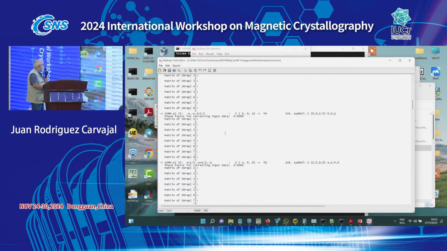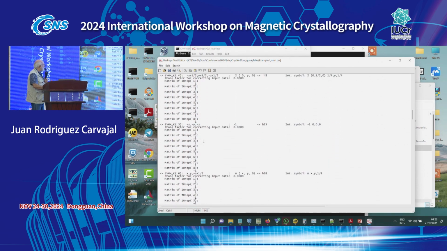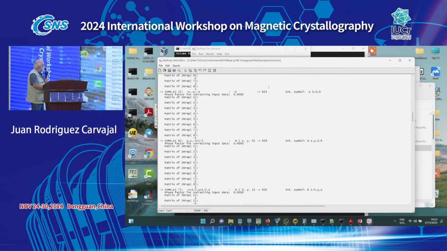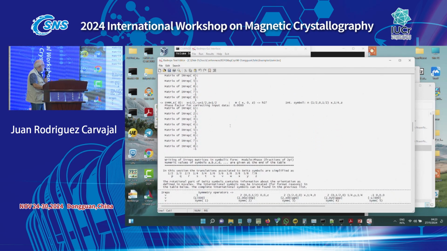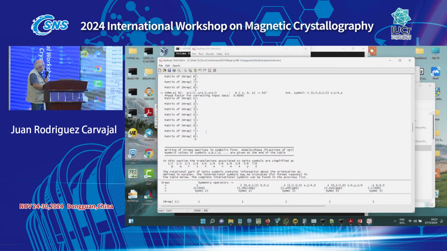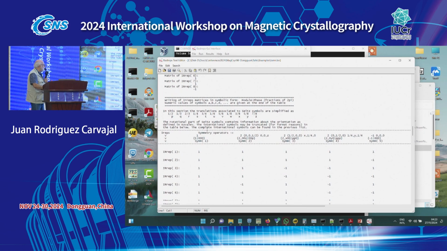Something is wrong here in the long output. No, it's here, it's because I don't see it. We have another way of seeing that. You also have the Kovalev representation of the rotational part, but it's not important at all. It's much simpler to see it this way.